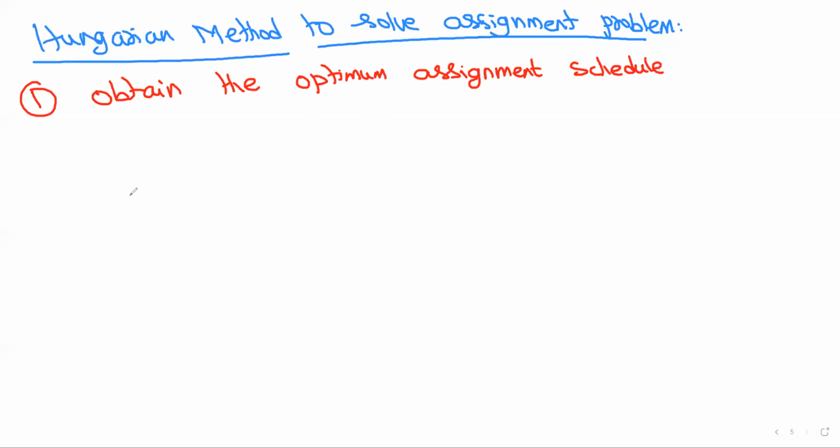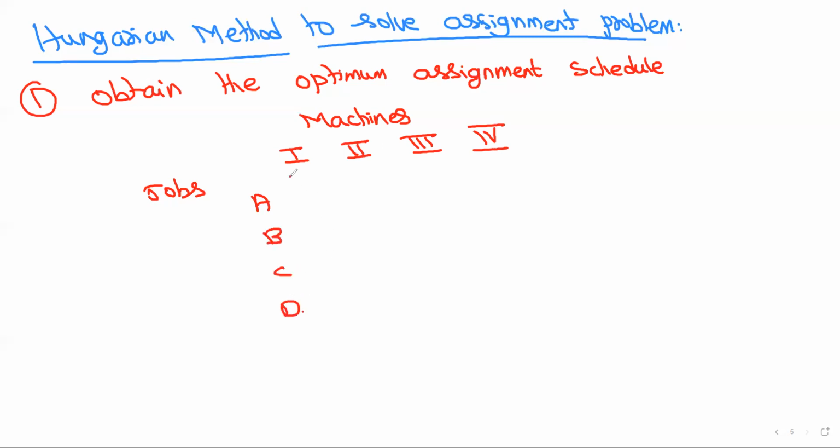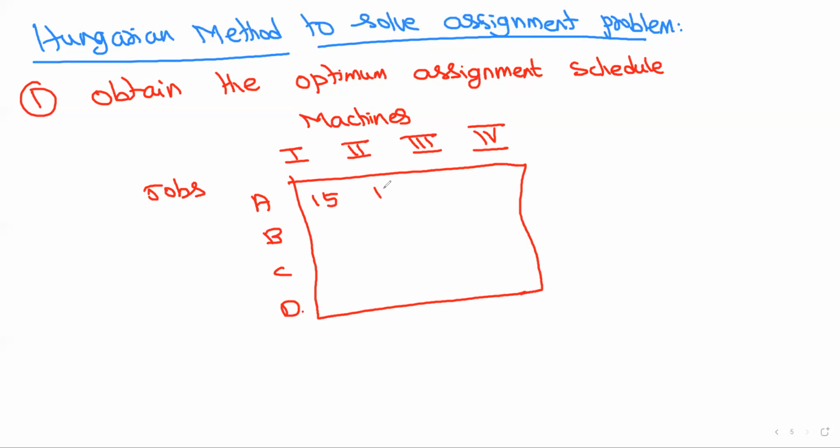Take the question. Here we have jobs, missions: 1, 2, 3, 4. We have 4 missions and 4 persons, A, B, C, D. The first row is 15, 14, 12, 16.